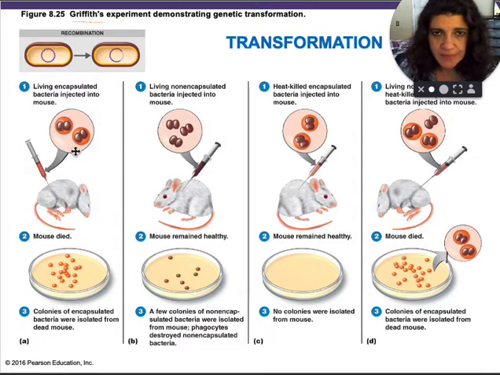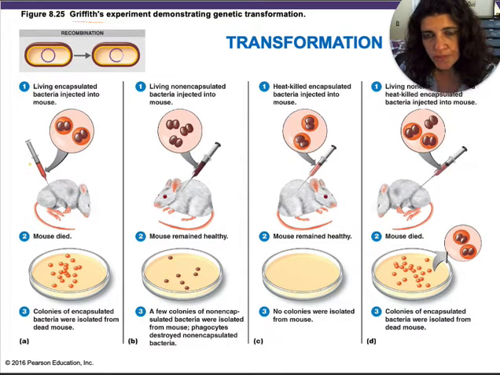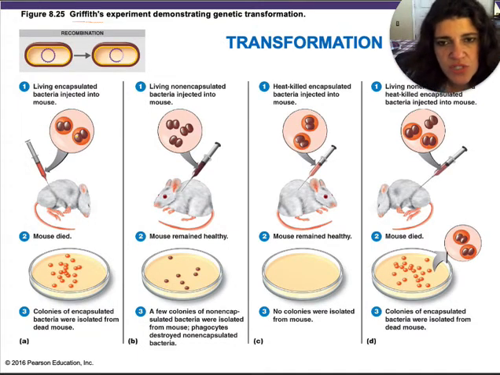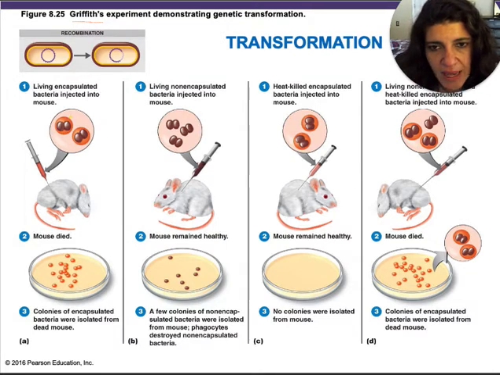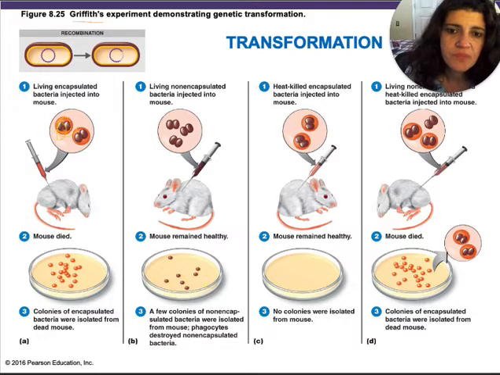He had, I need my pen again. I need another color. Let's try yellow. He had these bacterial cells with capsule. Okay? So that has a capsule.